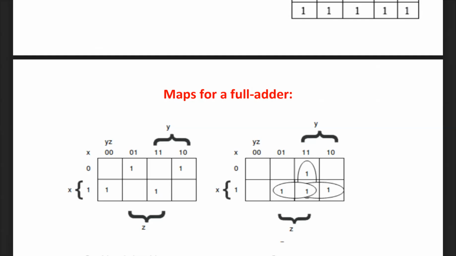For the first case, could you make any group? One moment. No. All 4 ones are in 4 corners. This is one, this is one, this is one, this is one. I am not able to make any groups.